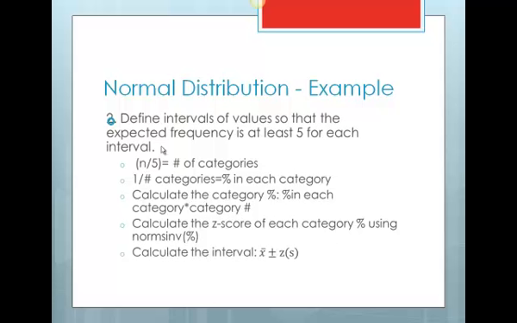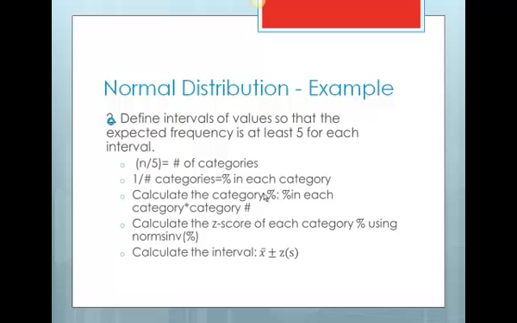So we need to calculate those given percentages. So calculate the category percentage means take that percent that you know is in each category and use that to determine the percentage bounds for that category. So 0 to lower 10% or 0 to upper 10%, then 10% to 20% in both upper and lower, and so on and so forth.